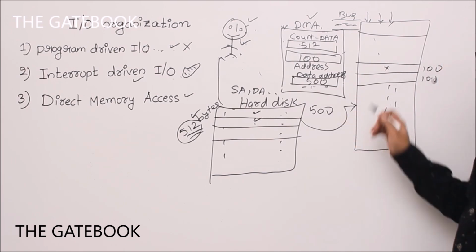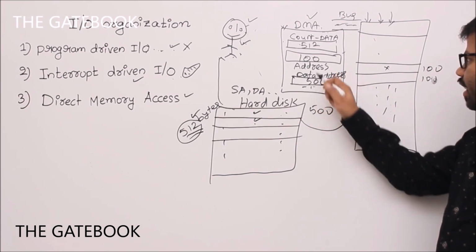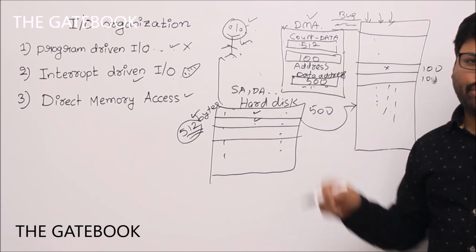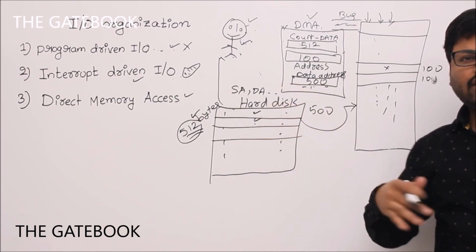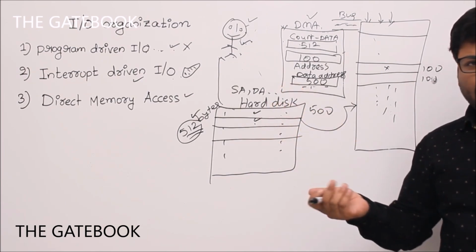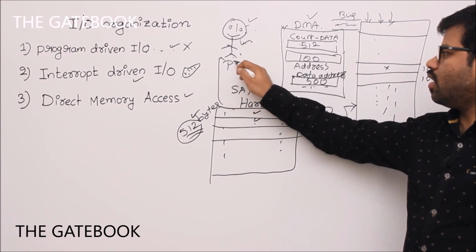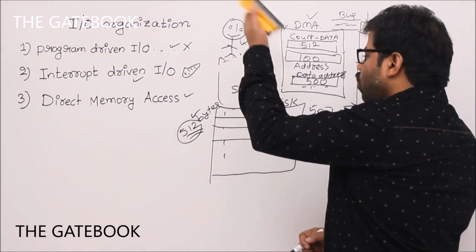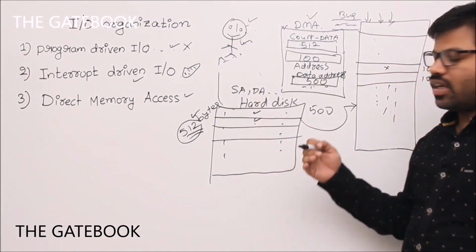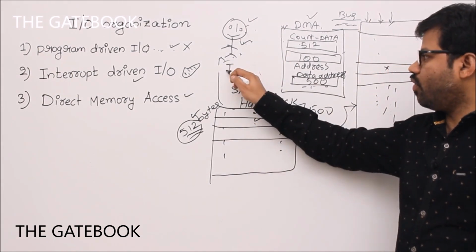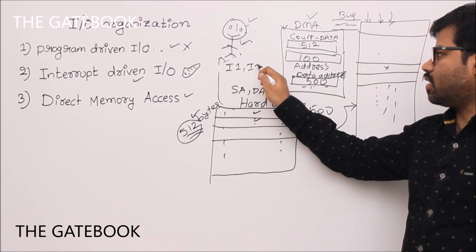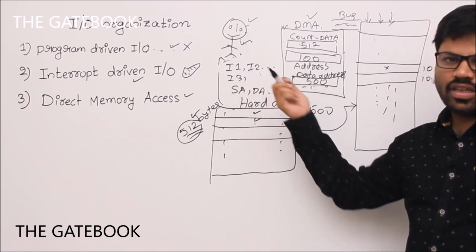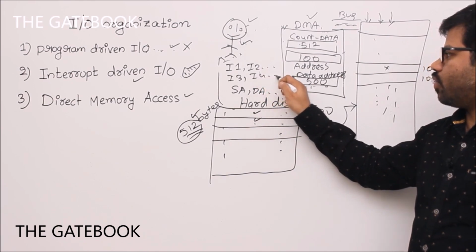When you are transferring the data between the DMA controller and main memory, the CPU is happy. Why? It can do other work. Other work means maybe it can execute other programs or other instructions, correct? In our computer organization, for us everything is instructions, so it doesn't bother us whether it's our program or another program: I1, I2, I3, I4.